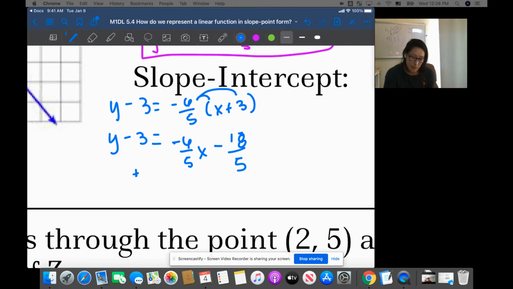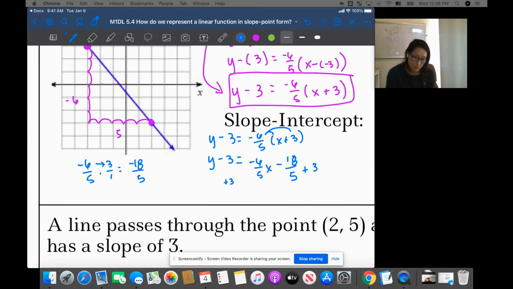Okay, and then I'm going to add 3 to both sides to undo the negative 3. So I'm going to add 3, and then I'm going to write on the side here, negative 18 over 5 plus 3 over 1. I need a common denominator, so I'm going to multiply by 5.